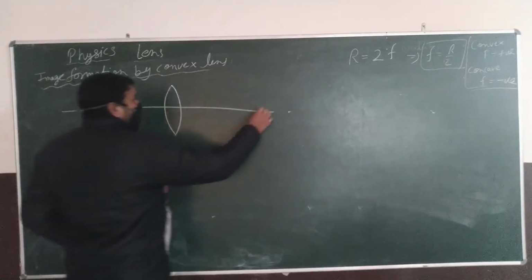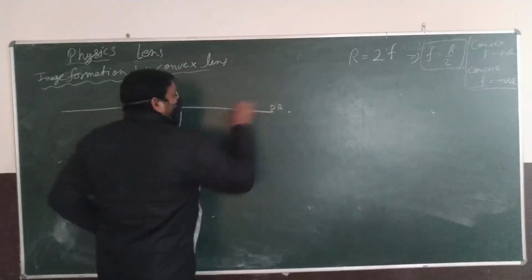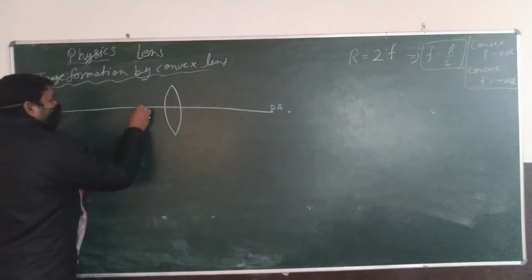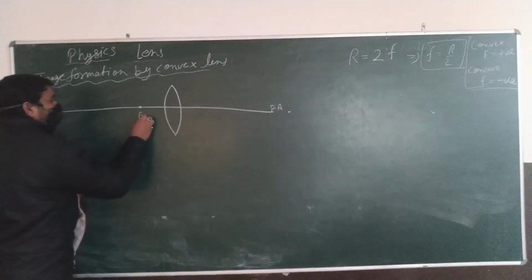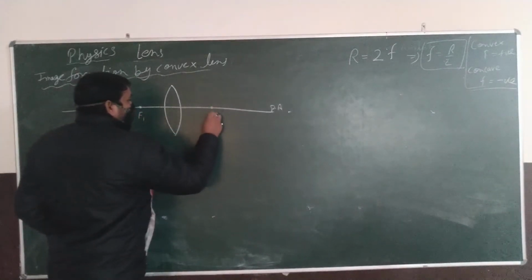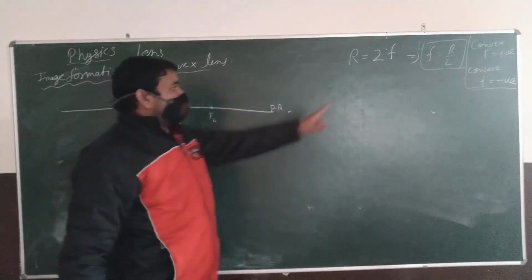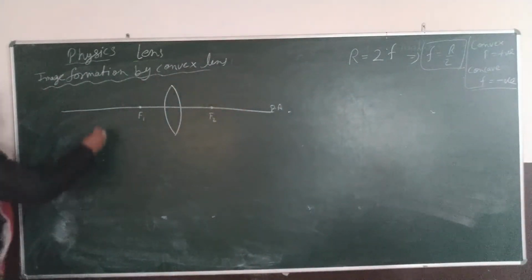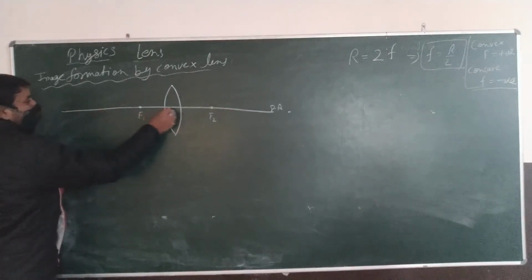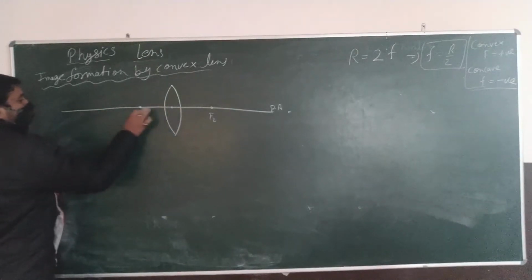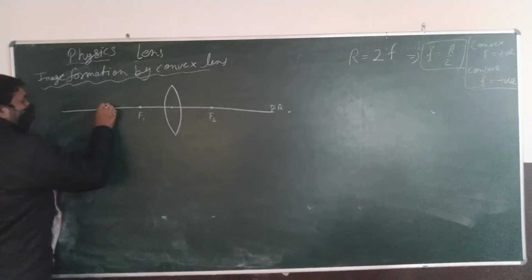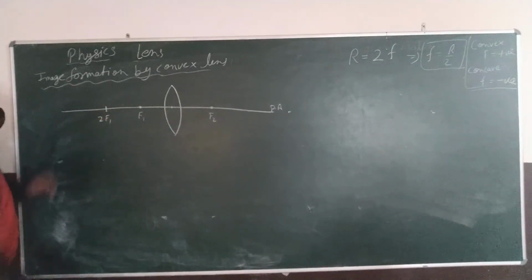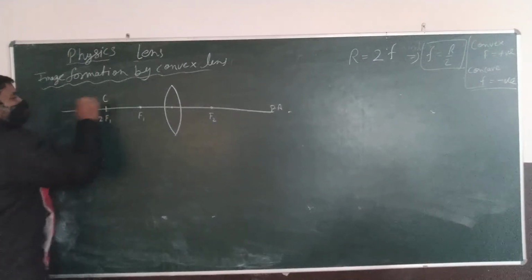This is the principal axis, PA. If this is principal focus 1 and this is principal focus 2, by using this relation between the center of curvature and the focal length, we get at equidistance this is 2F1, or this is known as C. It is clear?